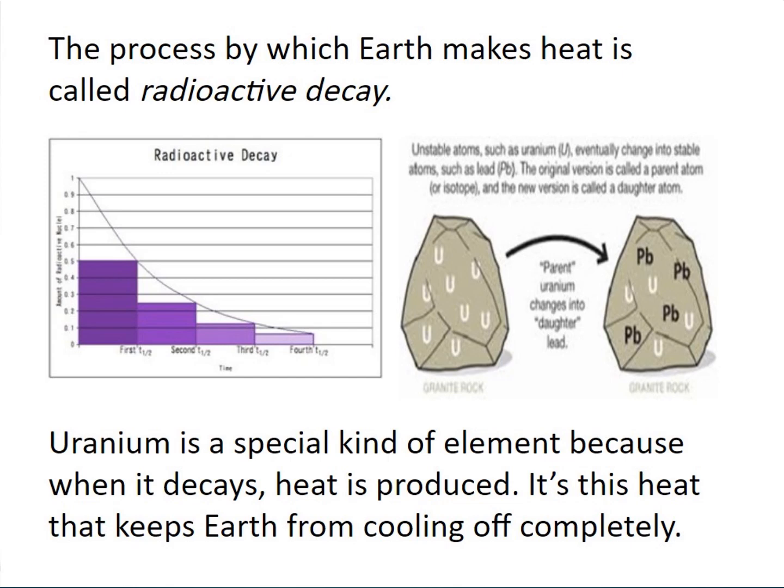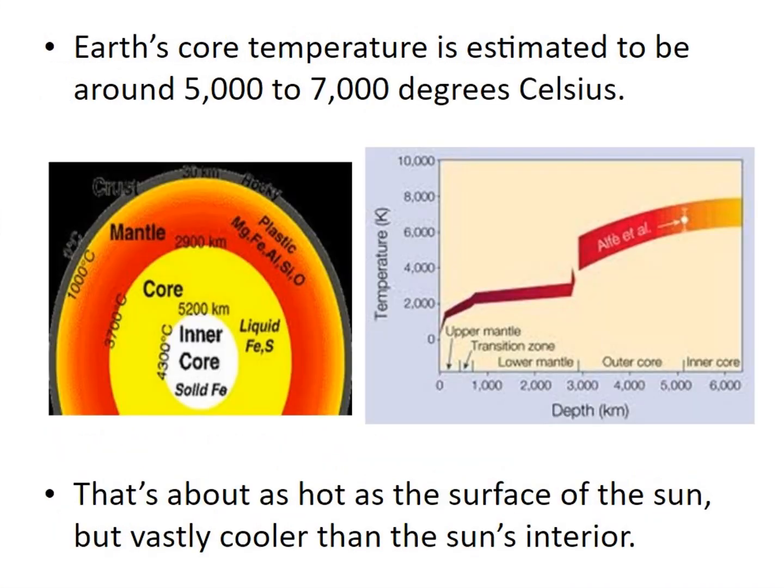It's this heat that keeps Earth from cooling off completely. Earth's core temperature is estimated to be around 5,000 to 7,000 degrees Celsius. That's about as hot as the surface of the sun, but vastly cooler than the sun's interior.